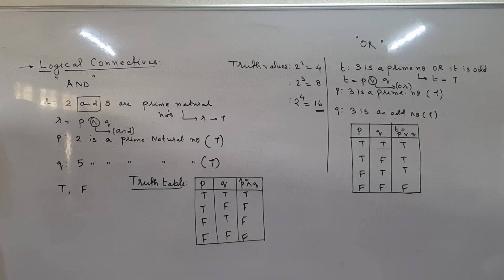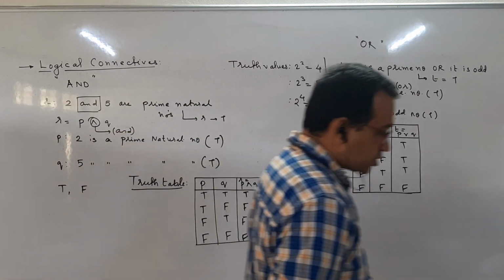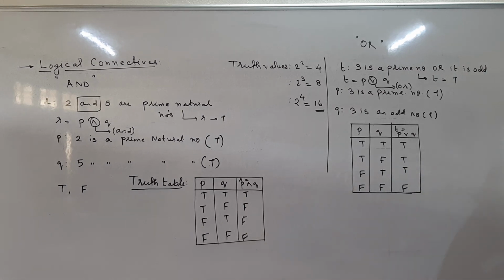A truth table is a table showing truth values of component statements and compound statement.